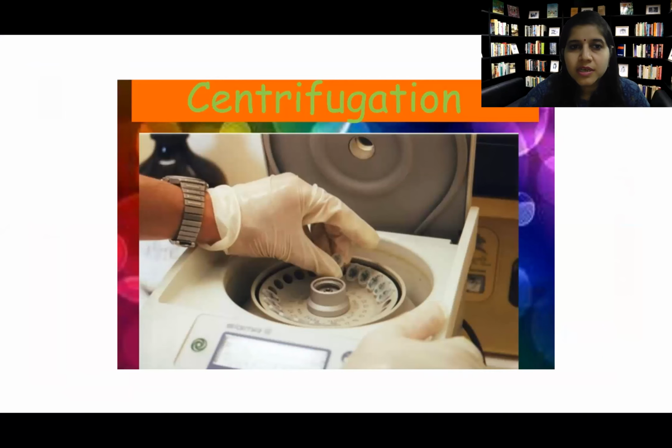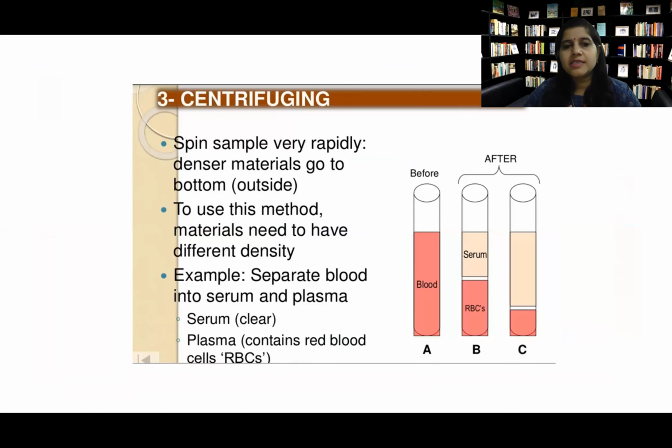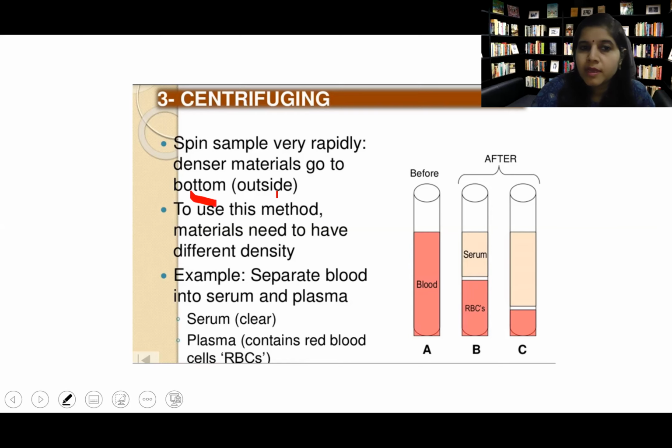So, what is centrifugation? In centrifugation, we spin the sample very rapidly, and the denser material will go to the bottom. We can take the example of separating cream from milk.